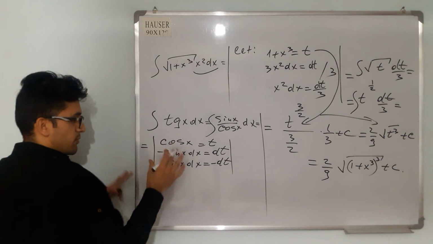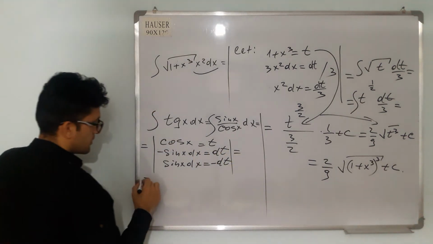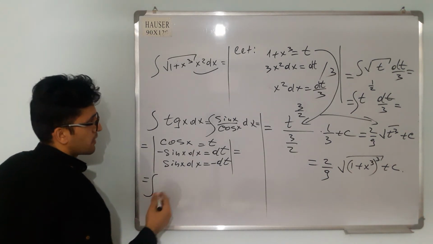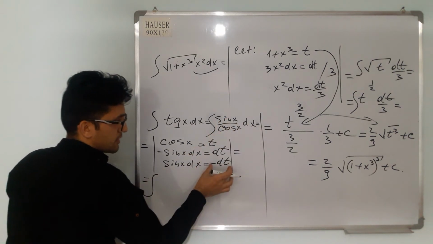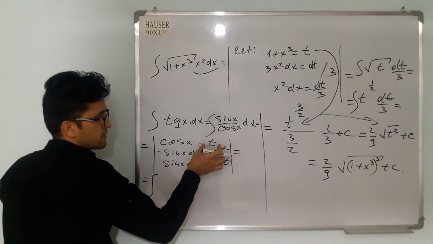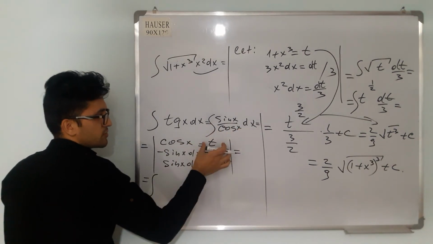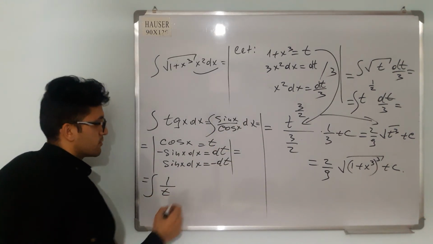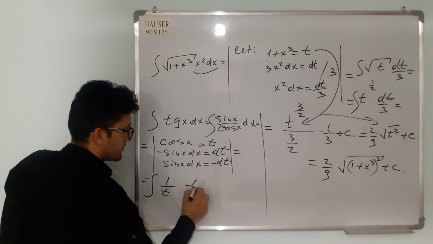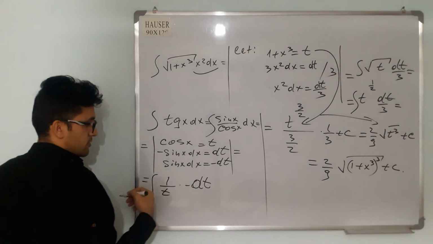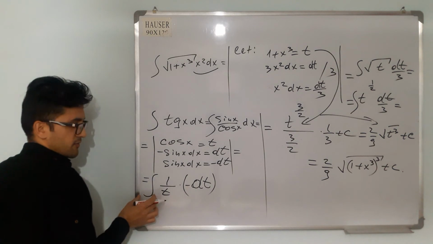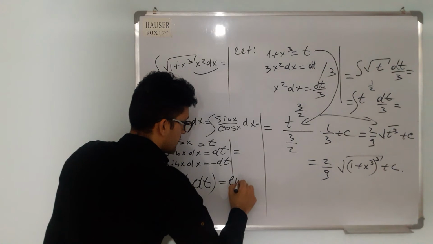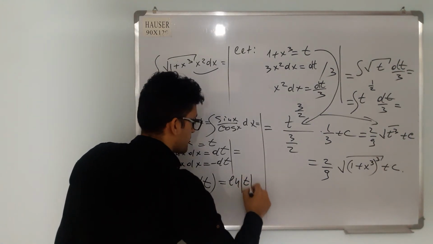So that's the labeling part, then we work by putting in the expressions. For sin x dx we are given minus dt, and cos x equals t, but it should be written in the denominator, like 1 divided by t multiplication minus dt. When you take the antiderivative, it shall be ln of the absolute value of t plus c.